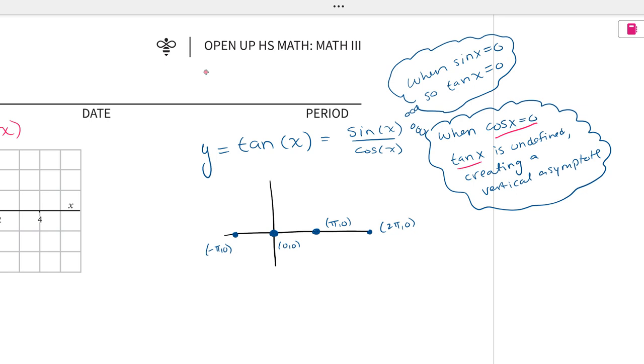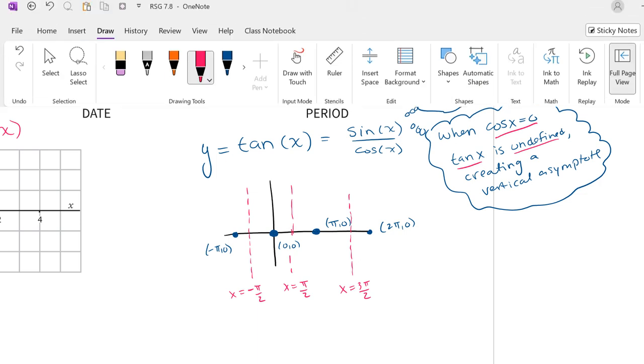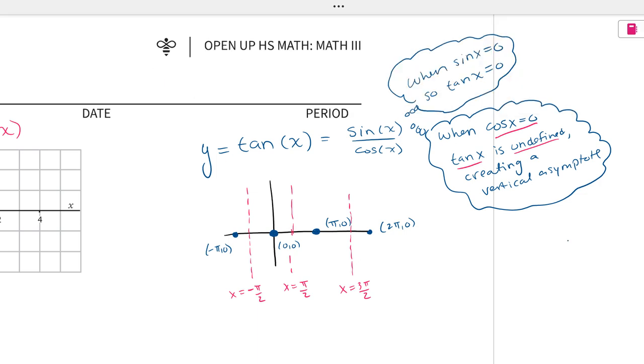Cosine of x is 0 at x equals pi over 2, 3 pi over 2, and negative pi over 2, and so on. So every pi, there's a new vertical asymptote starting at pi over 2. That's not my most perfect graph, but that's pretty good.